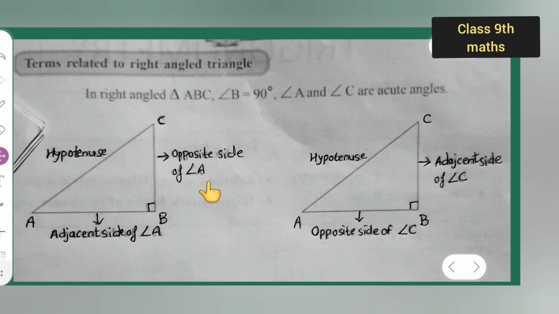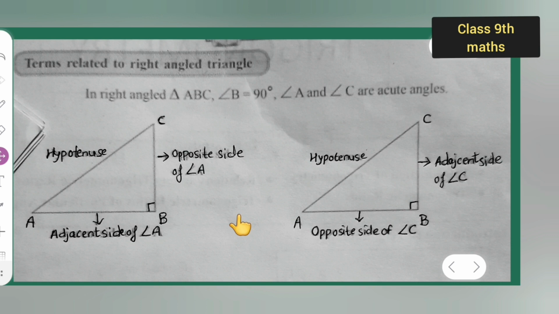The opposite side of A is CB. The opposite side of C is AB. The adjacent side of A is AB, and the adjacent side of C is CB. This concept is very important. You all have to study this to do this exercise 1.